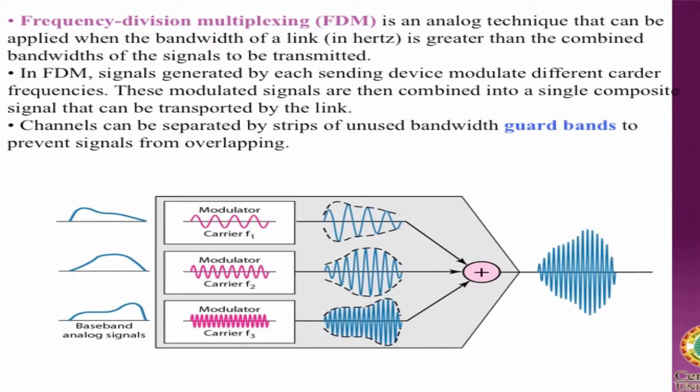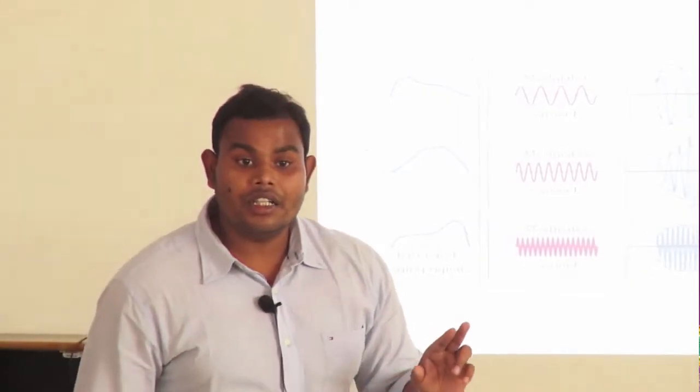What is the work of this guard band? This guard band assures that one signal is not going to mix with another signal. Clear? So if more than one signal is combined using their frequency domain, that type of multiplexing is known as frequency division multiplexing or FDM, done using guard bands.